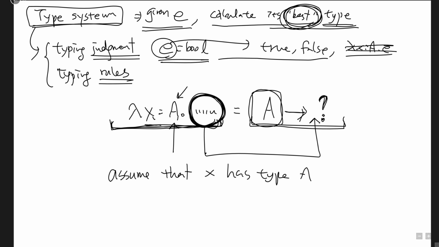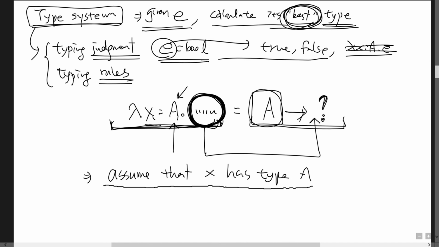In other words, in the middle of calculating the type of this body expression, we have to assume that x is of type A. Now let's go back to the concrete example. Suppose that this was simply x. Now we assume that x is of type A, and we'd like to find out the type of this expression.